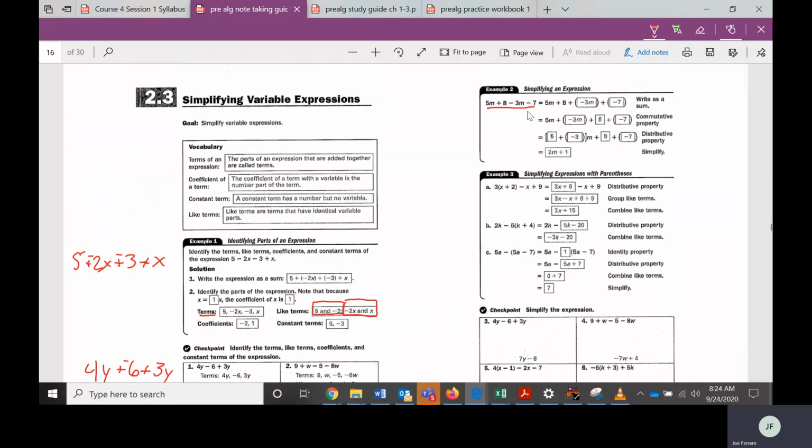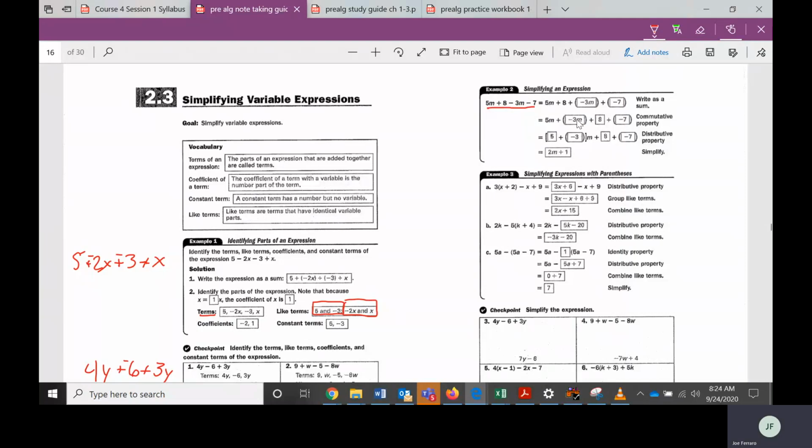So these first two steps are kind of optional, and especially the third step, I never write out. But the first step, what they show here is, again, they change them to plus and negatives. If that's easier for you to add things up, plus negatives, do that. Okay, so this step is fine.